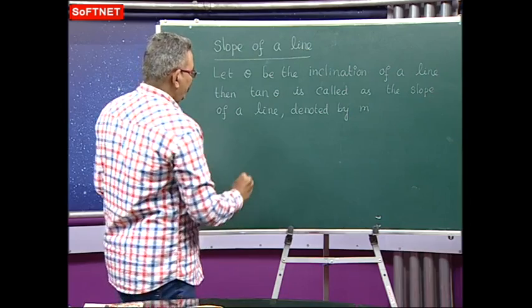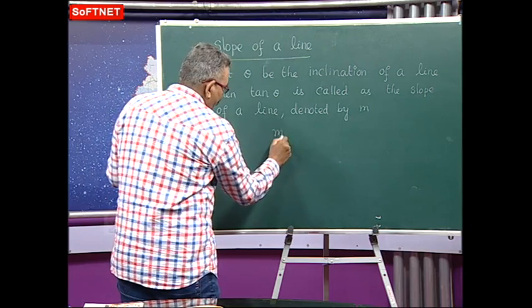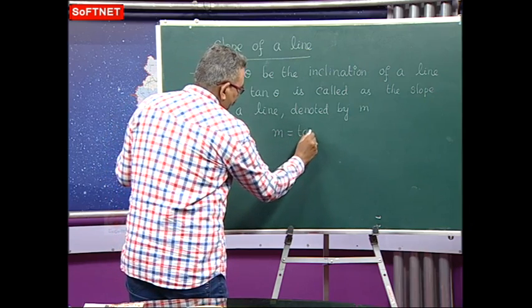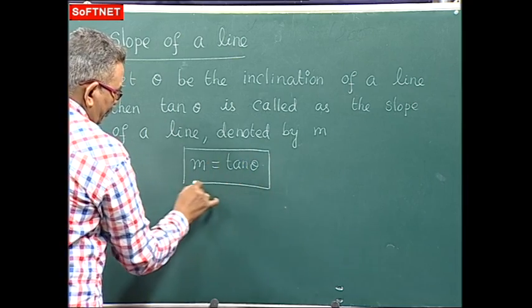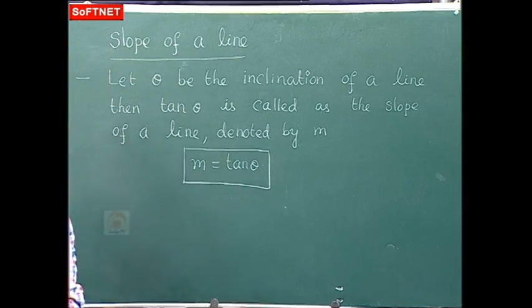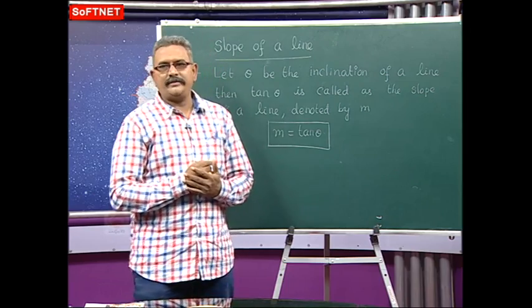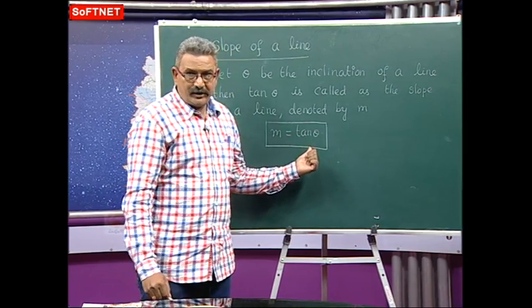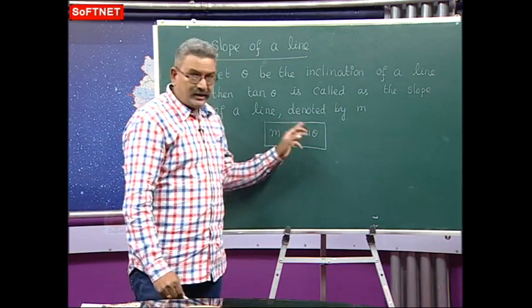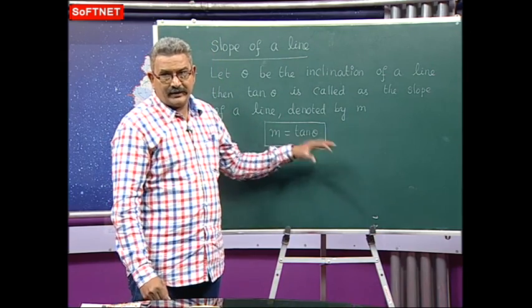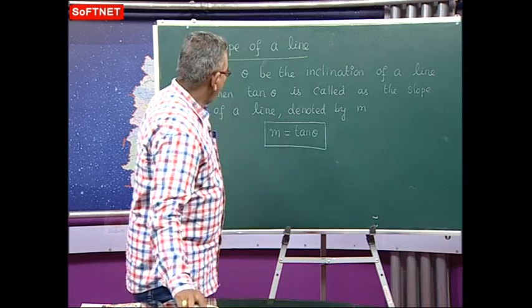Hereafter in this chapter, m is equal to tan theta. It doesn't have any units because it is a trigonometric ratio. So m is a constant value, m is equal to tan theta.